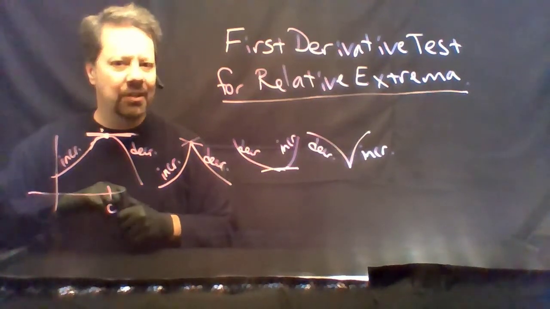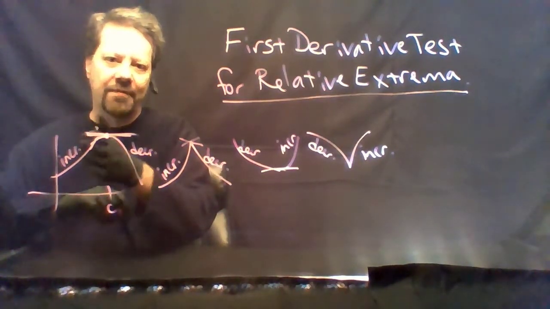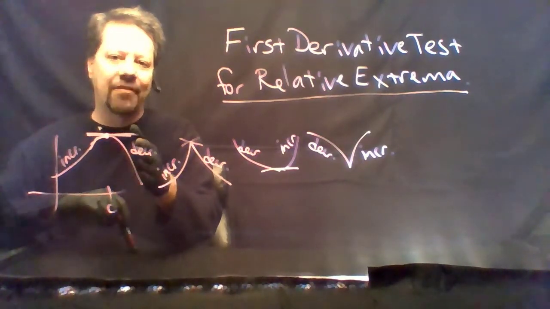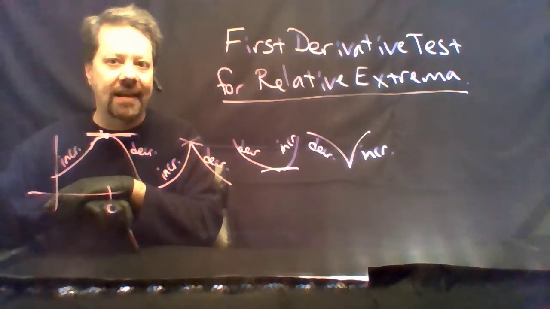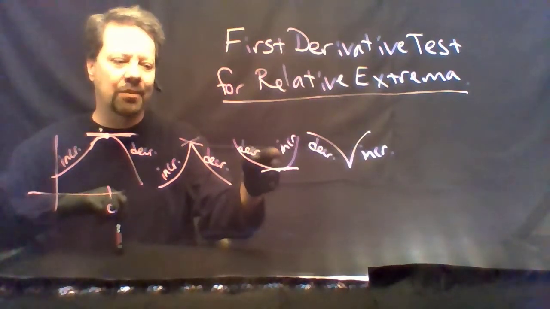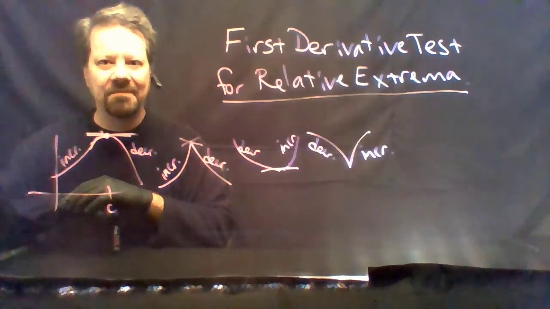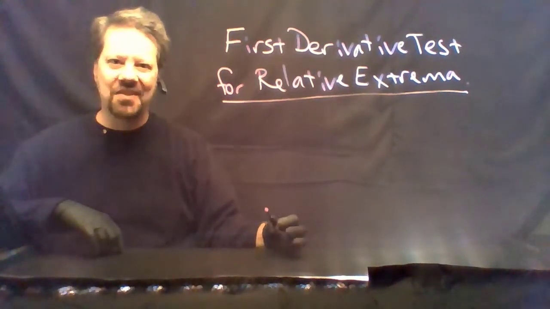So, at your critical points, if you're increasing on some interval before you get there and decreasing afterwards, it's a relative max. If you're decreasing on some interval before you get to the critical point and increasing after, it's a relative min. The theorem is stated as follows.